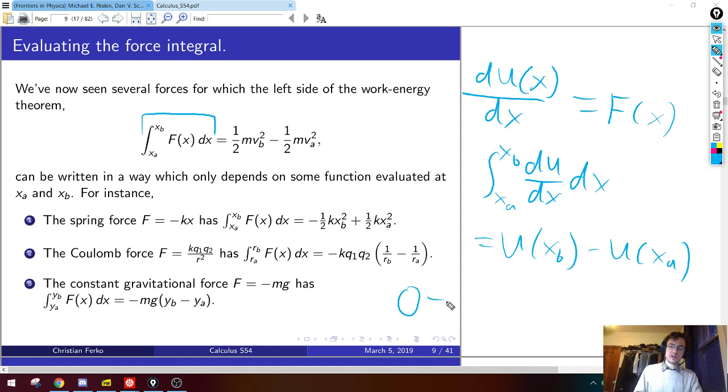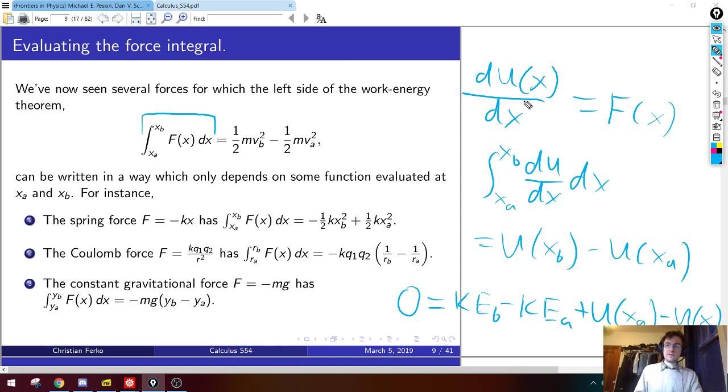So the equation would become 0 equals kinetic energy at B minus kinetic energy at A. And now I'm going to move this to the other side. It'll be plus the potential, as we call it, this function U at A, minus, since we have to move this to the other side, the potential at B.